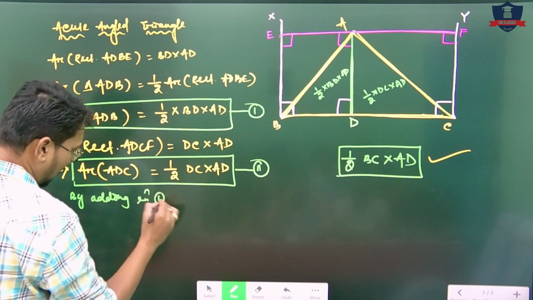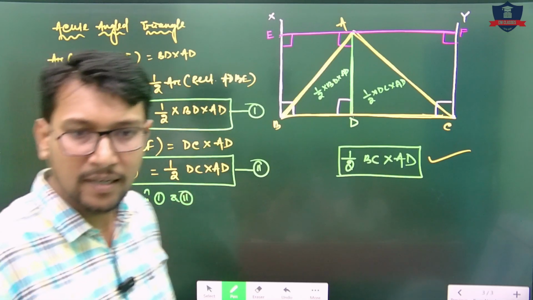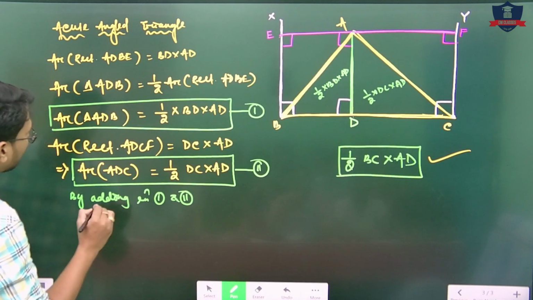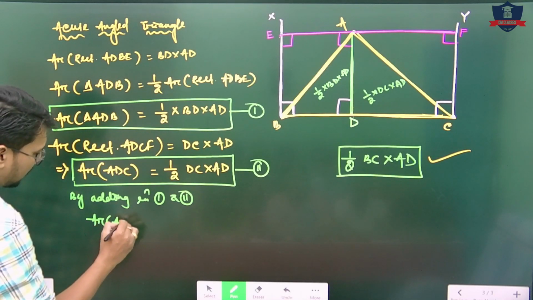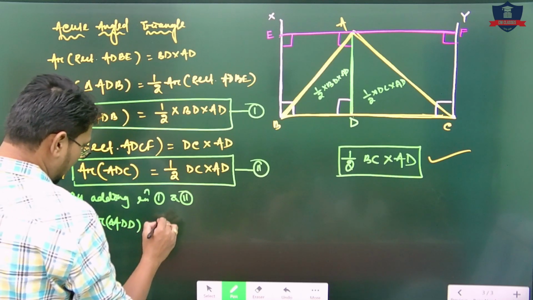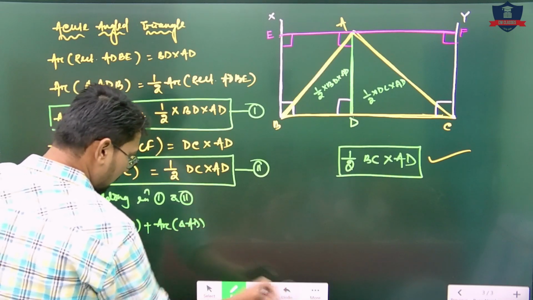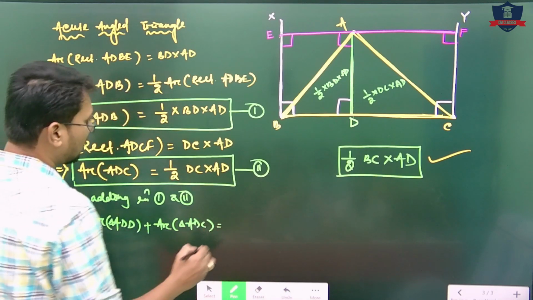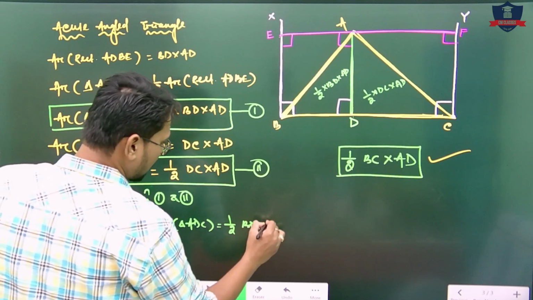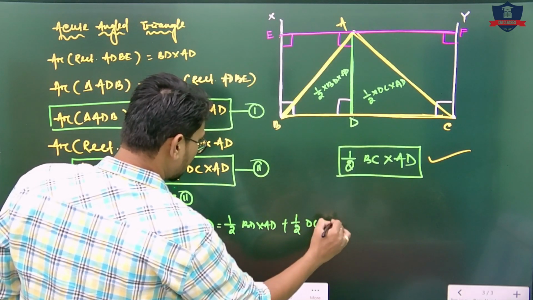By adding equations 1 and 2, what will we get? Area of triangle ADB plus area of triangle ADC equals half into BD into AD plus half into DC into AD.